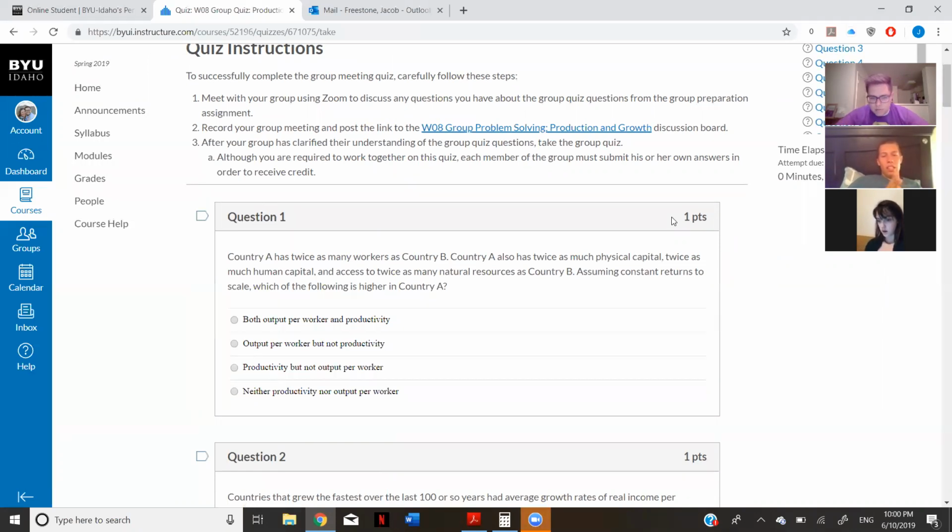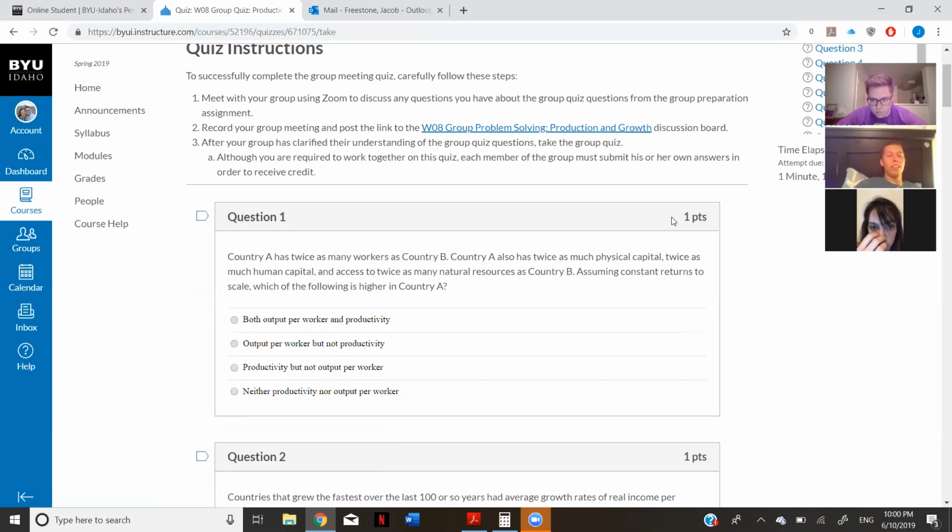I said D because the way I read it, just because everything is doubling, that's not necessarily going to change the output or productivity. Because it says returns to scale, which means everything is doubling.